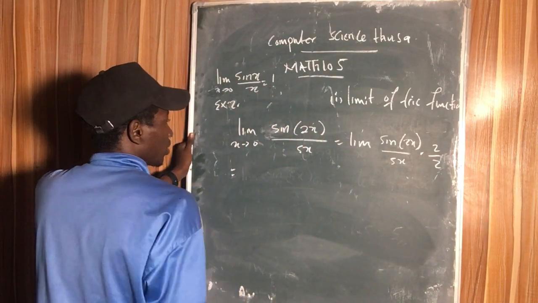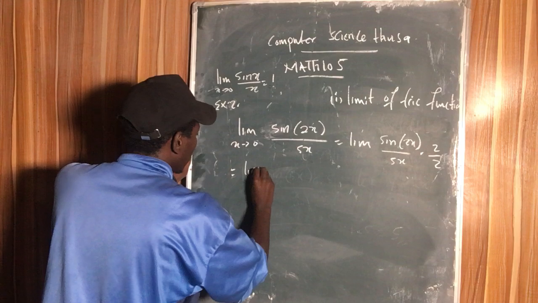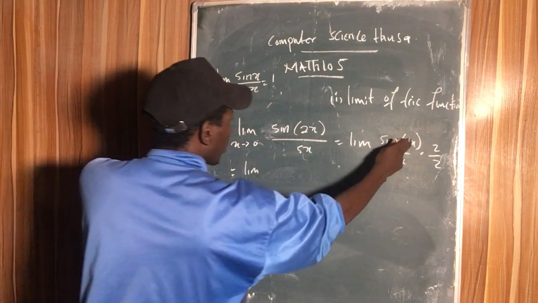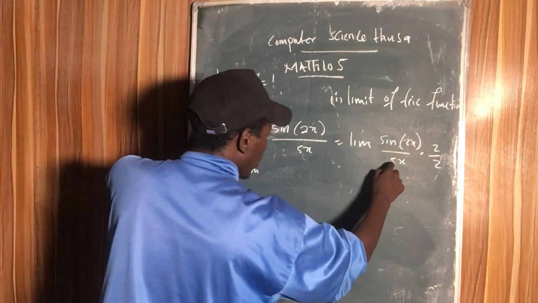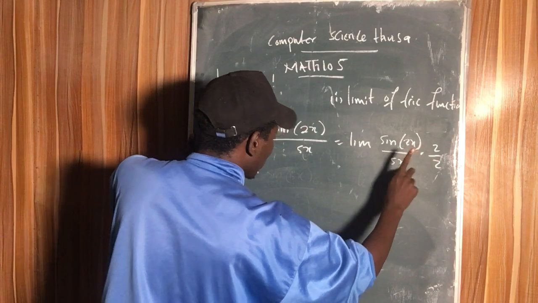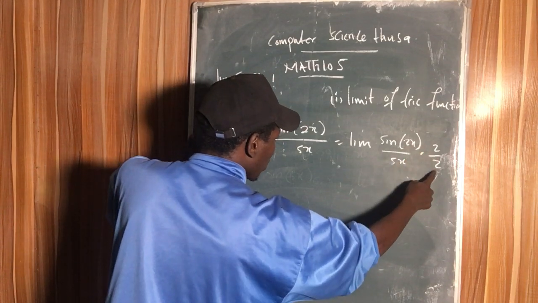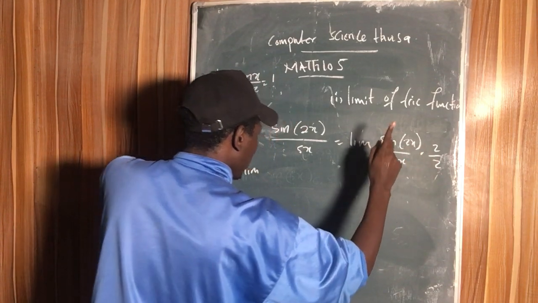So we are going to get this limit, which is the same. So here 5 times 2 is going to be 10, 2 times 5 is going to be 10.